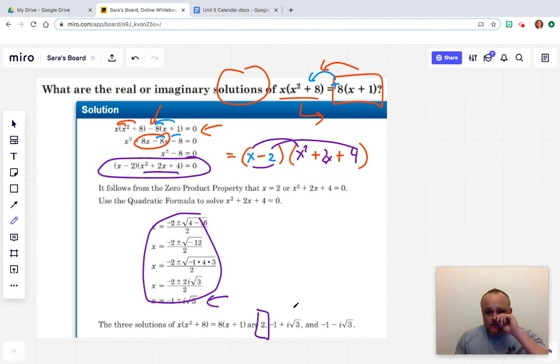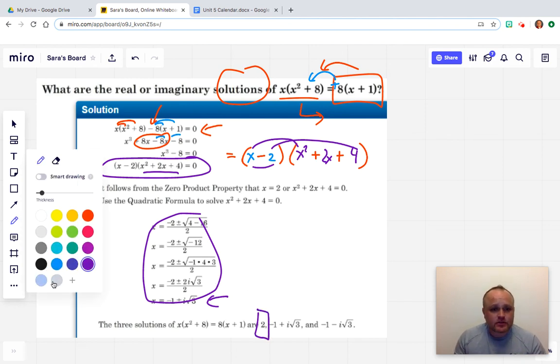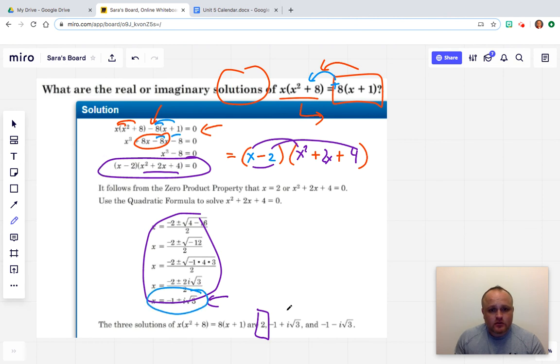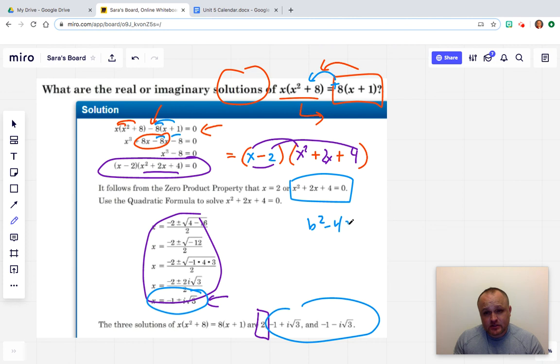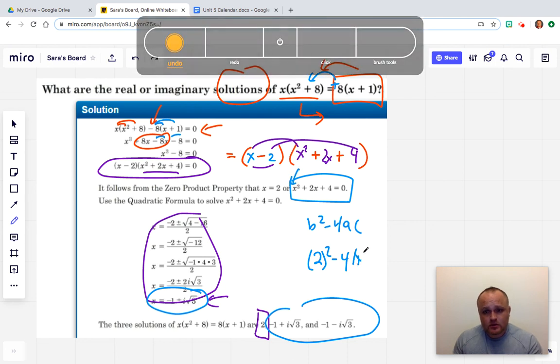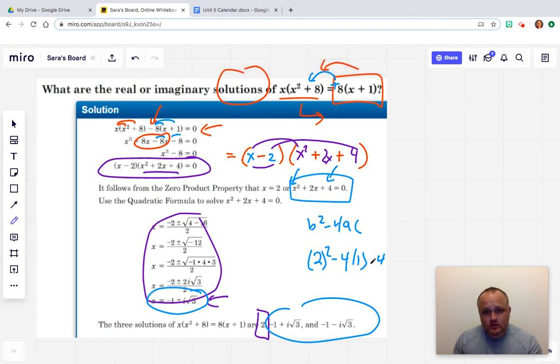Okay, so these imaginary solutions here became imaginary down here. And the reason why they're imaginary is because I could have seen right here in this form that the discriminant test, again, is so important, of b squared minus 4ac. 2 squared is 4, minus 4 times 1 times 4, or negative 16.